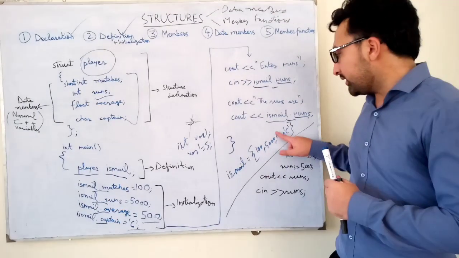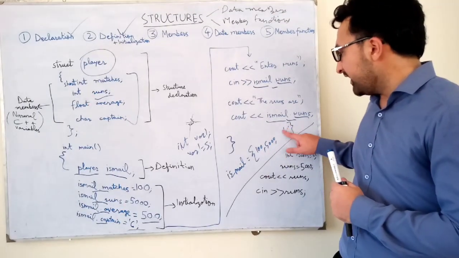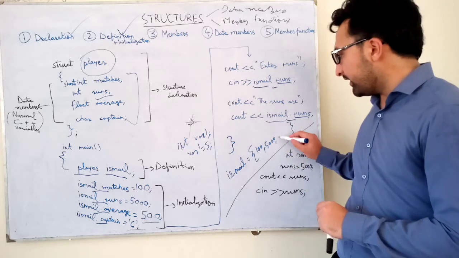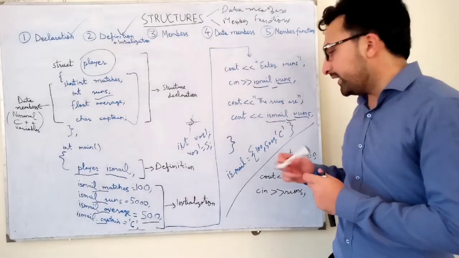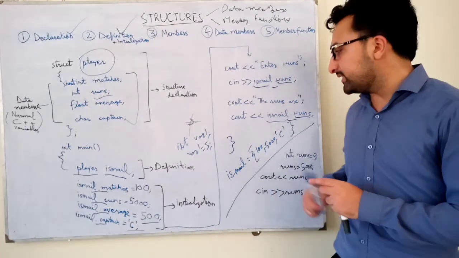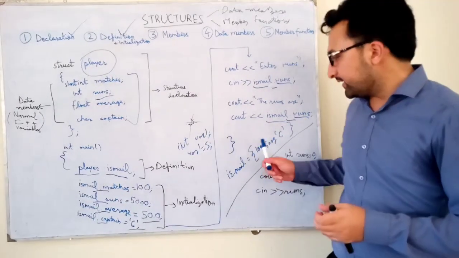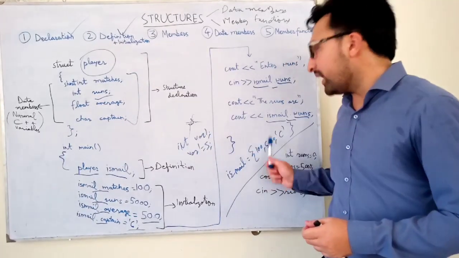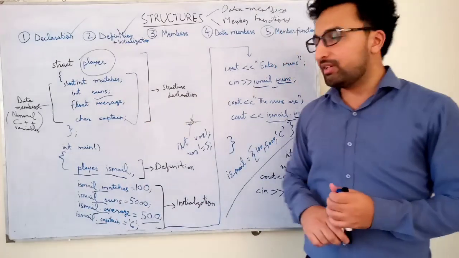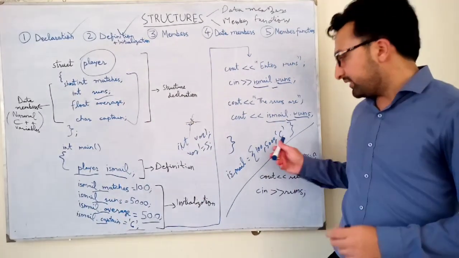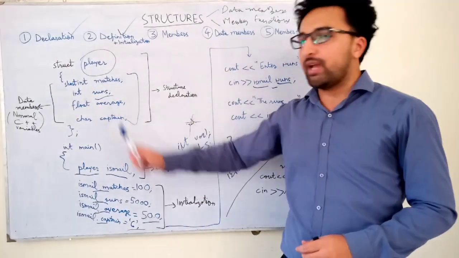Now the important thing to notice here is that if we skip any argument, it will cause ambiguity, because the compiler receives all these arguments in sequence. This 100 goes in matches, this 5000 goes in runs, and this C goes into average. Now this C was meant for captain, not for average.